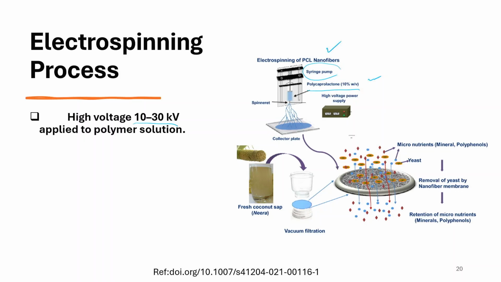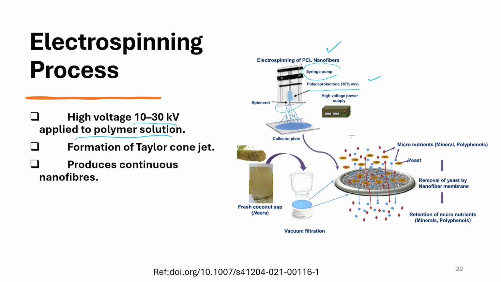So, high voltage of 10 to 30 kilovolts is applied to the polymer solution. And what happens? It forms the Taylor cone jet, at the spinneret. Continuous nanofibers are generated here, and deposited on a collection plate. Some substrate can be used.